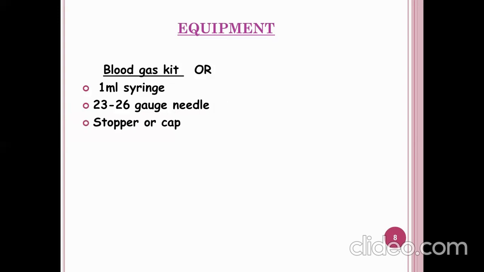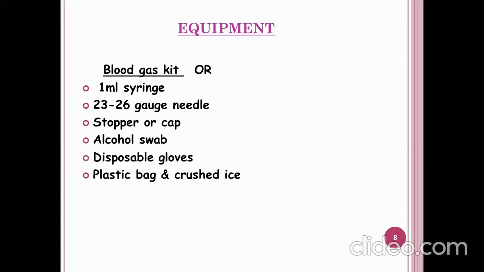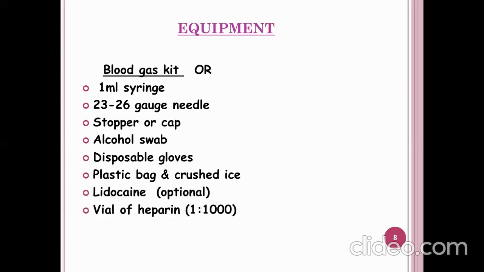The kit also contains a stopper, alcohol swab, disposable gloves, a plastic bag, and crushed ice. This is the optional one. And a heparin vial, that is 1:1,000 ratio of the anticoagulant, whereas a barcode or label, so all these are requirements.